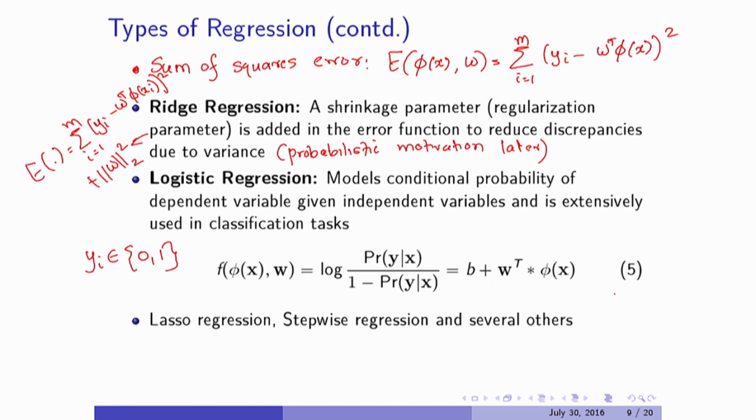So in some sense, this is still a linear regression problem, but there is a transformation that is performed on the space of predictions. So what you predict is not based on f directly, but based on the probability. We'll also discuss variants such as lasso regression, where you consider the error function as the least square error, but instead of a shrinkage using the Euclidean norm, you use the L1 norm.